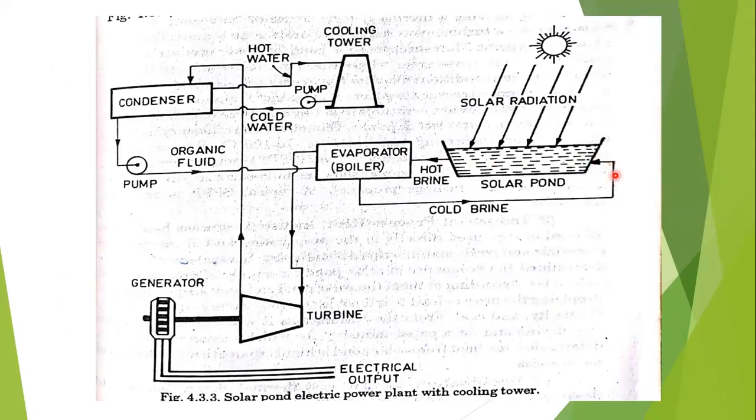So this hot brine can be withdrawn and cool brine returned in a laminar flow pattern because of the presence of the density gradient. Because of the density gradient, we do not disturb the salt density gradient, and we extract the heat from the solar pond by hot brines.